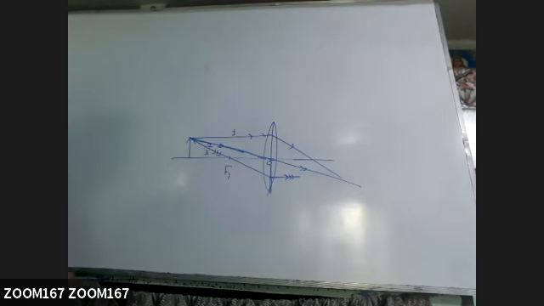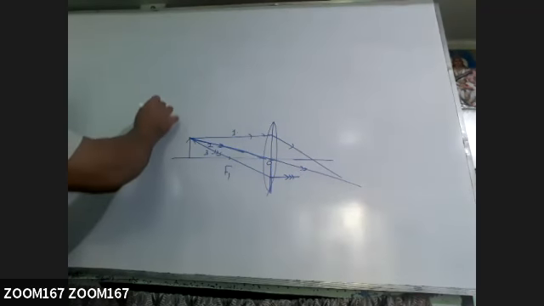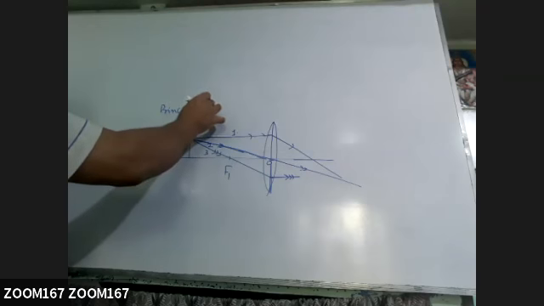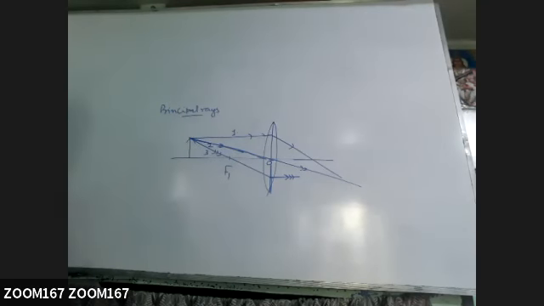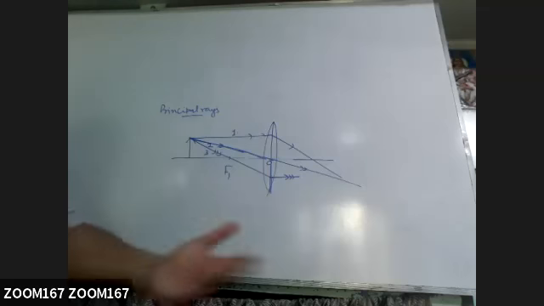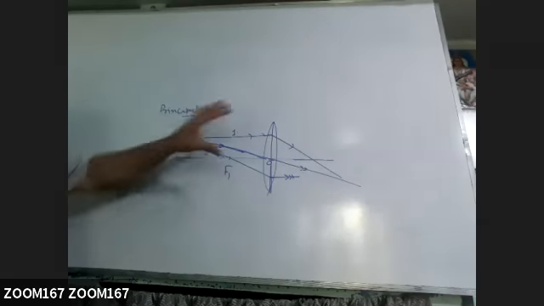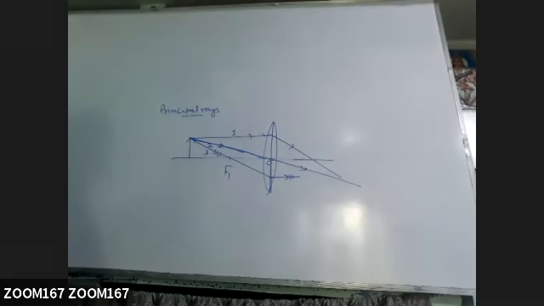So these rays we call principal rays, or sometimes another name is refracting rays. So we have to keep in mind, just to draw the ray diagram, we have to consider these three rays only. Understood?